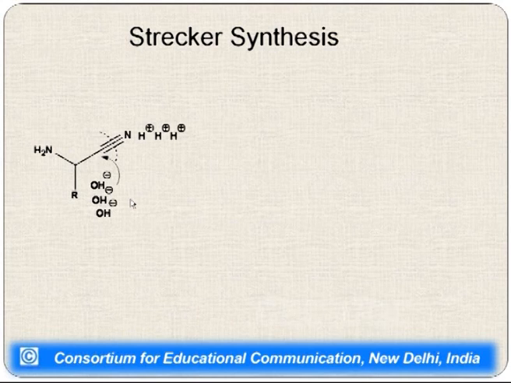Last but not the least, the third bond is also gone, and we would be having that single carbon nitrogen single bond releasing NH3, 3 hydrogens and 1 nitrogen. NH3 is going off, and we would be having 3 OH groups on 1 carbon.